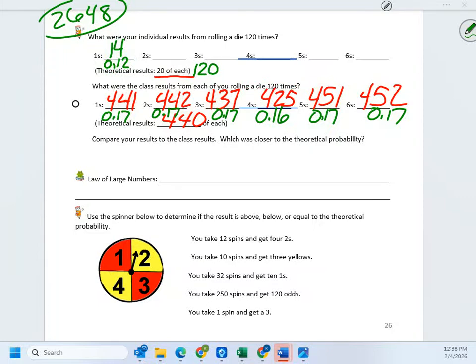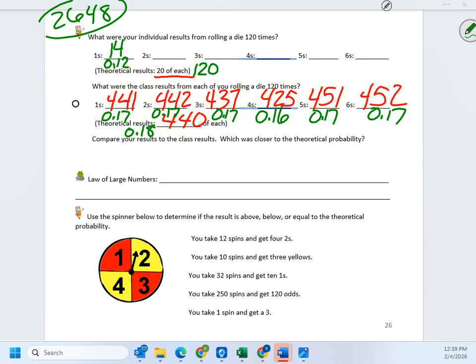So was your individual closer or was the class? Because if we had 440 divided by 2,648, theoretically, we should be at an 18%. So which one's closer, 12% or 17%? The class is closer, right?